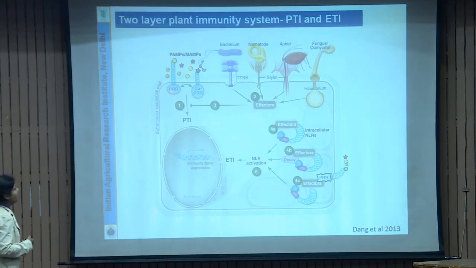In this, whenever any pathogen, bacteria, nematode, aphid, fungus, any pathogen attacks the plant, this is the plant cell wall. This plant cell wall forms the first layer of immunity, because it has certain receptors which we call pattern recognition receptors or co-pattern recognition receptors. These receptors first recognize the signals produced by, or the molecules released by, the pathogen as pathogen associated molecular patterns or microbe associated molecular patterns.